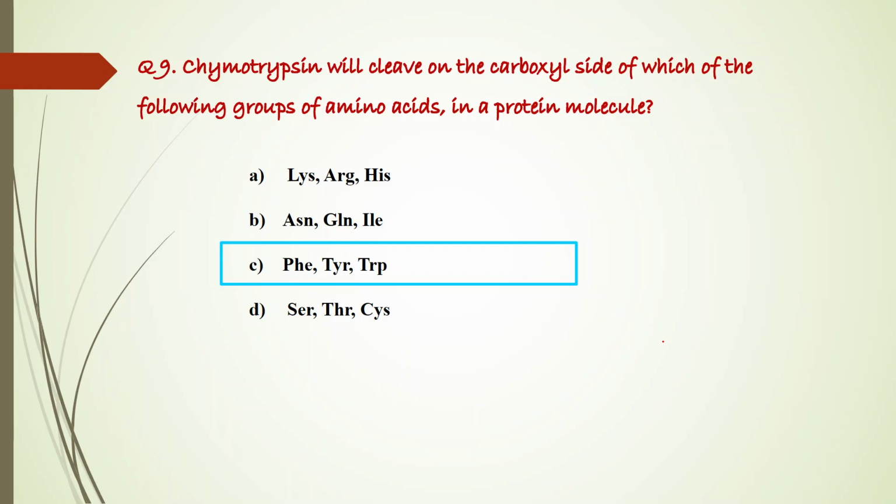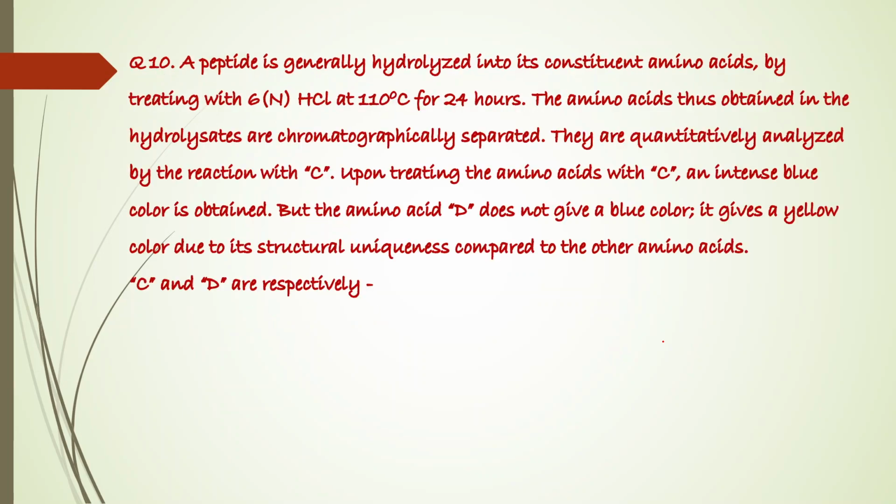Otherwise it will be difficult to solve the overall problem. For now, we know that chymotrypsin will always choose bulky hydrophobic amino acid residues. Remember this information, because we will need it again in some question.